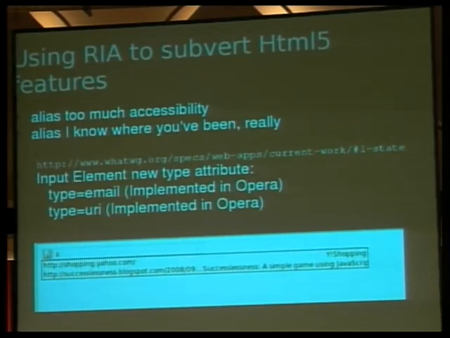For example, Opera implemented the input element with the new type attribute, which is email and URL. If a user just presses a key inside the input, you get the same as the location bar, the history actually.